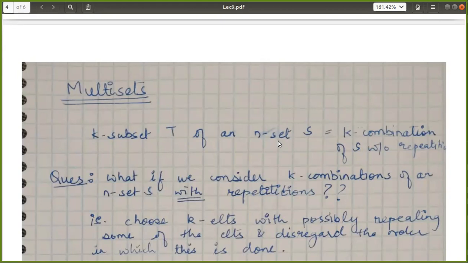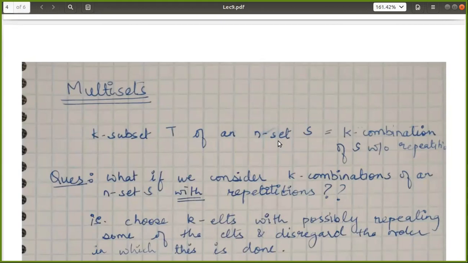Now that is the thing which I do not want to do. So what we really say is, can I keep on choosing elements even if I have chosen that same element earlier? This really leads us to the question of considering k combinations of an n set with repetitions.